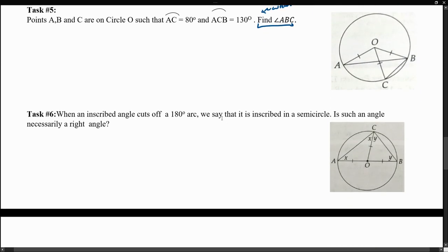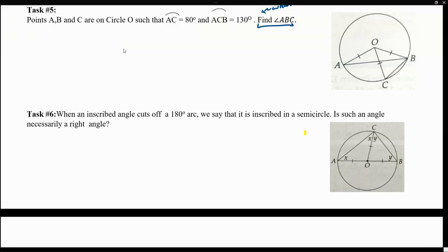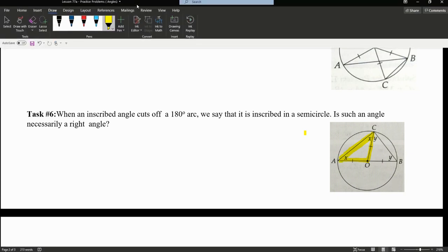And lastly, for example 6, my hint to you is, well, given that the instruction is when an inscribed angle cuts off an 80-degree arc, we say that the inscribed angle is a semicircle. Now, is such an angle necessarily a right angle? My hint to you is this. Notice that if O is the center, then we can think about having two triangles.